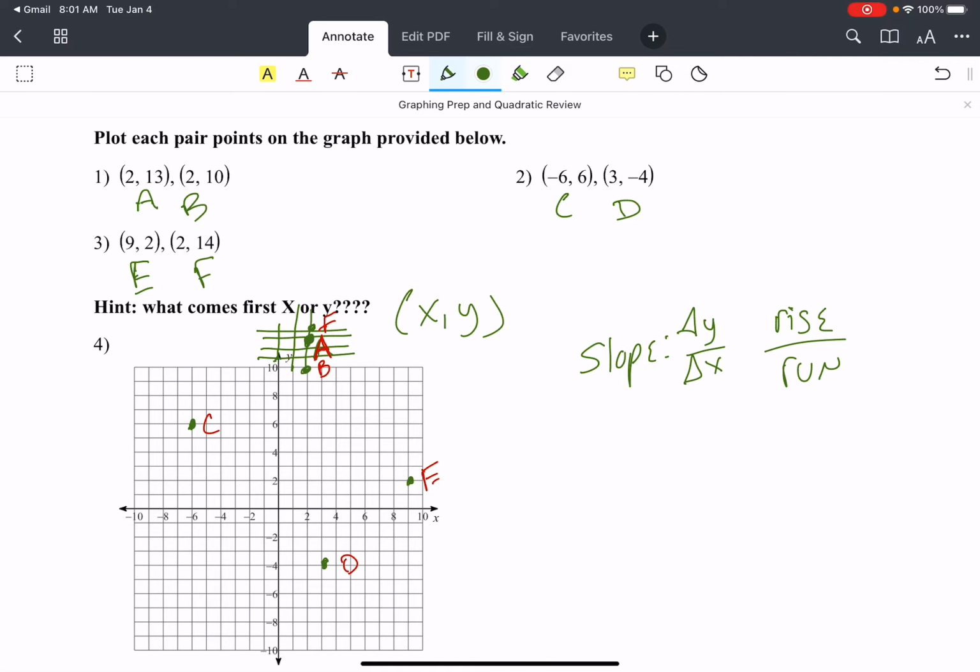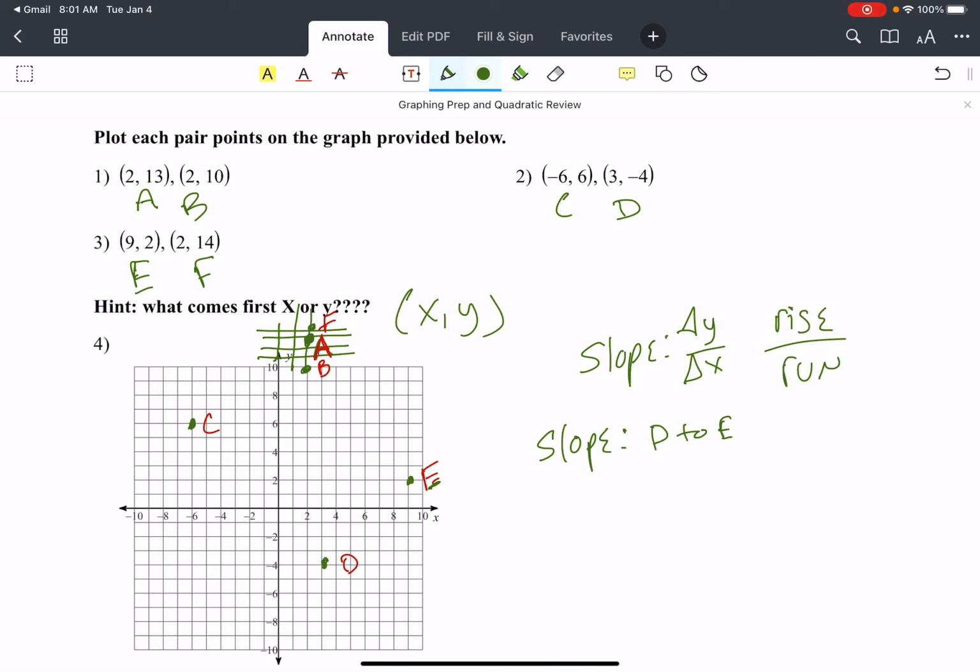So the rise is how much it changed up and down, and the run is how much it changed left and right, okay? So let's say I wanted to find the slope from D to E, okay?